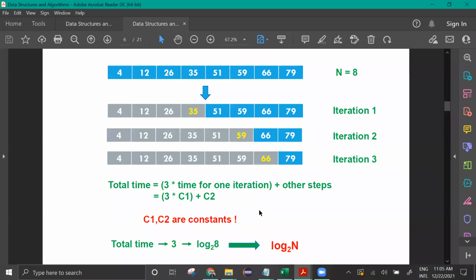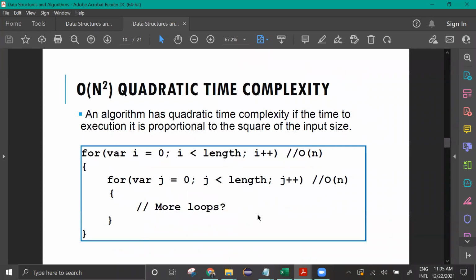So I have given a few examples. But from now on, when we talk about new algorithms, we are going to talk about their time complexity.